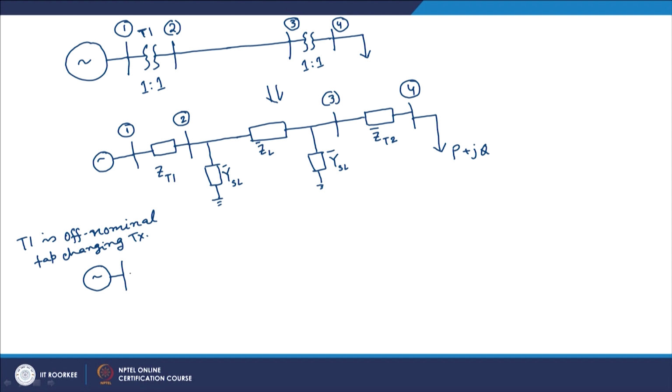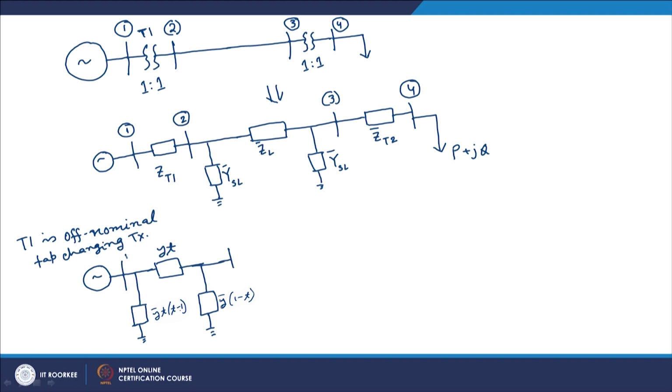In that case, it is YT, and then there would be some shunt branches here, and another shunt branch here.